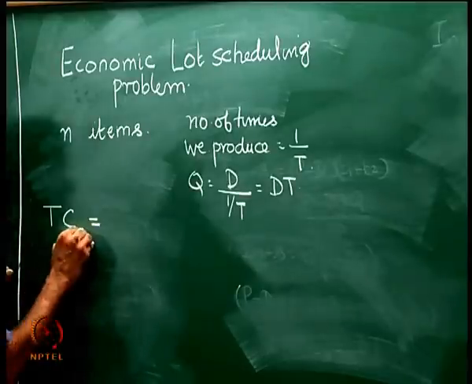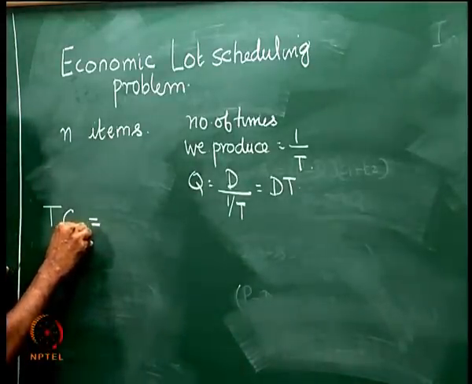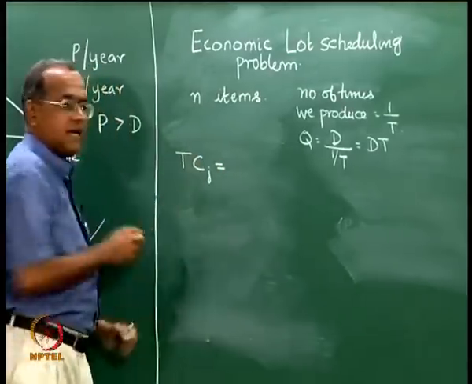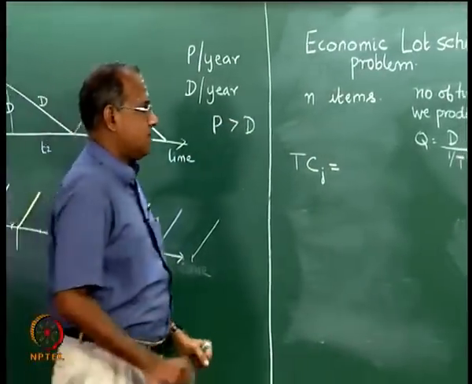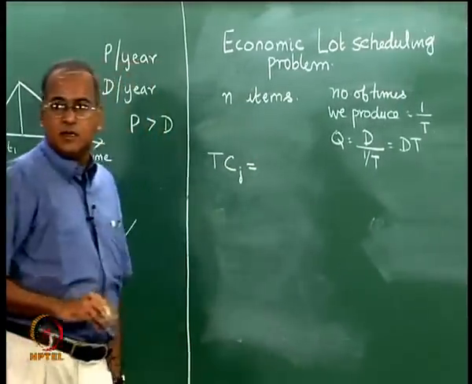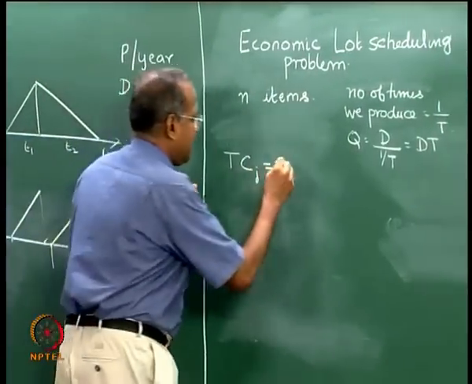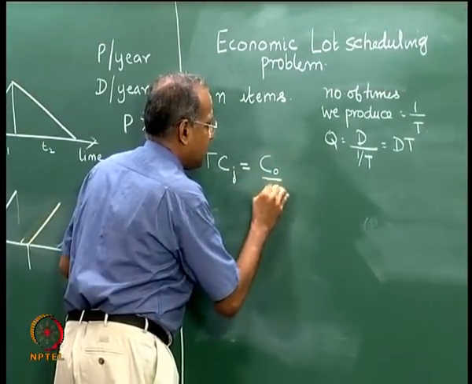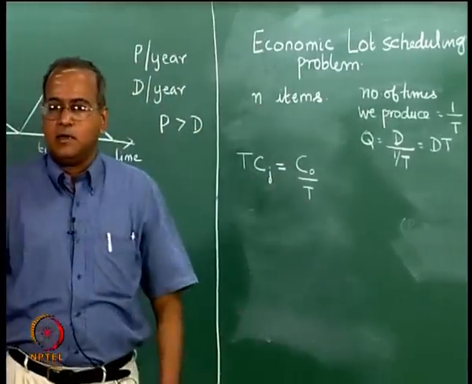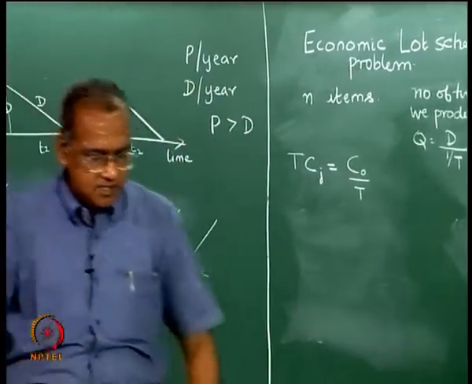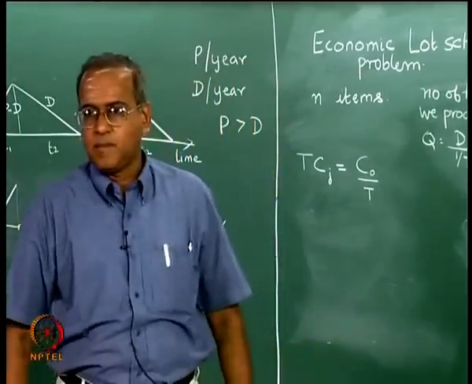So, for a particular item, let us say TC1 or TCj for the jth item, then the number of times we produce will be 1 by T. So, C naught by T is the total setup cost that we will have.